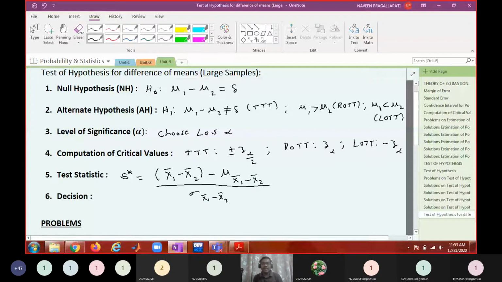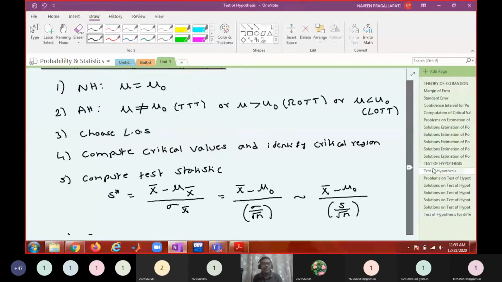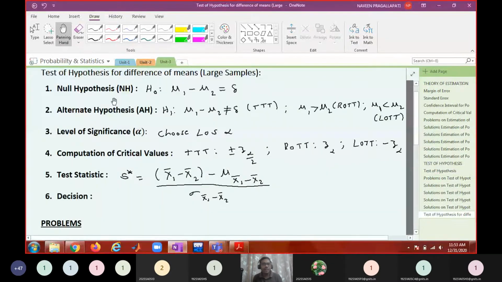Is it a natural way of writing this? Instead of single mean, you are having the difference of means. Can you see this?